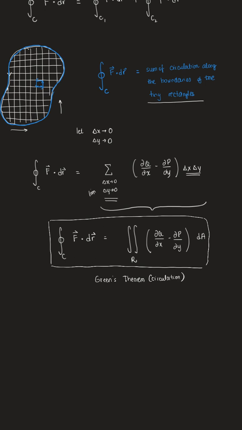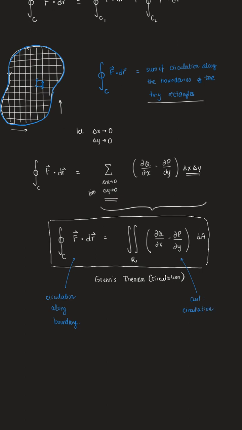I should clarify that this is circulation along the outside of the curve. This is saying here, well, that's just the curl, but that really means circulation density.